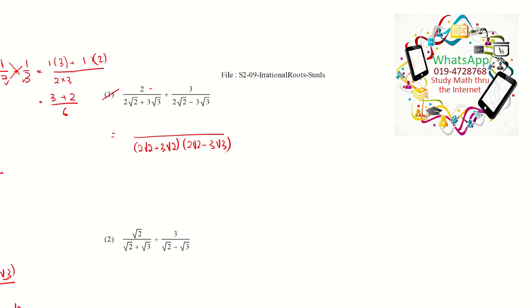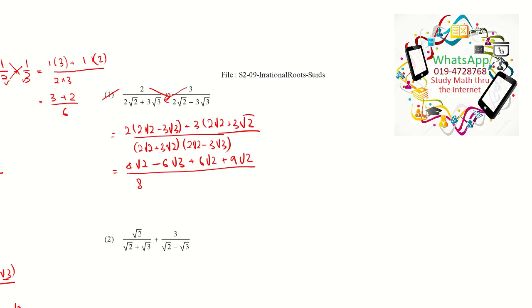Okay, the denominator, again you cross multiply, 2 root 2 minus 3 root 3 plus cross multiply again, 3 times 2 root 2 plus 3 root 3. Okay, you expand, becomes 4 root 2 minus 6 root 3 plus 6 root 2 plus 9 root 2.